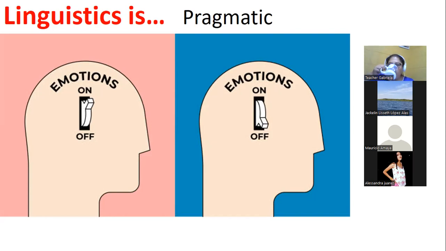For me, pragmatic is when you try to describe or you want to talk about something with a picture. And when you see the picture, it is obvious what you are talking about. Can I give my opinion about the picture?